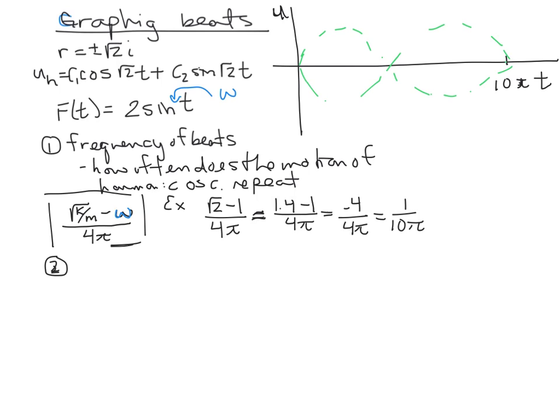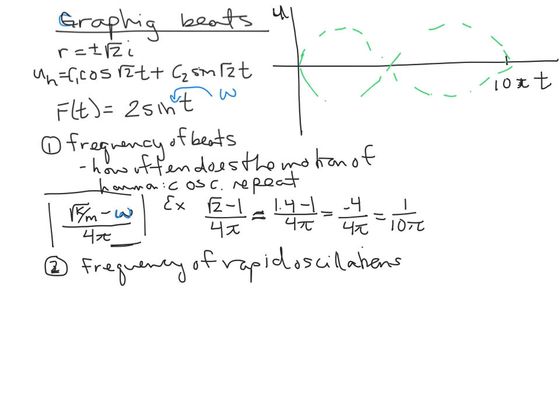The second thing that we need is the frequency of the rapid oscillations. Oscillations, like a cosine or sine.